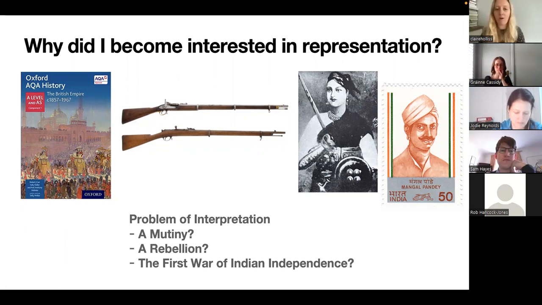And the problem was the resources that I had to teach this part of the course. So I was mainly relying upon the AQA British Empire textbook, which has subsequently been reviewed, thank goodness. But its account of the events of 1857 didn't go into much detail. It mentioned economic problems, didn't really specify what those were.